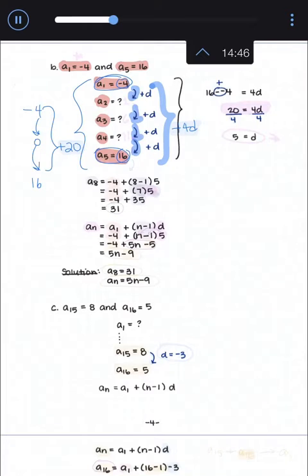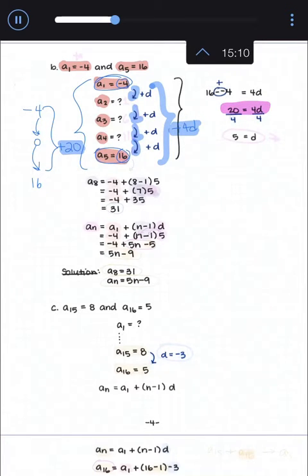When we go from -4 to 16, we cover those 20 values, and that is split up evenly between our D's 4 times. So I can set this up as an equation: these 20 values should be covered by our 4 D's that all need to be the same.